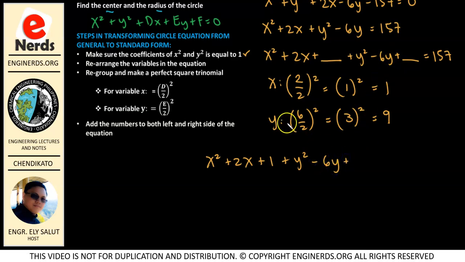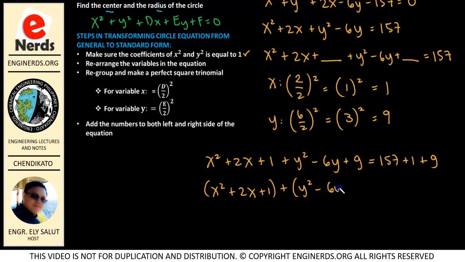Then, plus, ano yung constant sa ating y will be 9. And this will be equal to 157 plus, kung ano yung mga inadd natin dito, plus 1 and plus 9. Okay? So, now, we have here x squared plus 2x plus 1 plus y squared minus 6y plus 9 is equal to 157 plus 1, which is 158, plus 9, which is equal to 167.